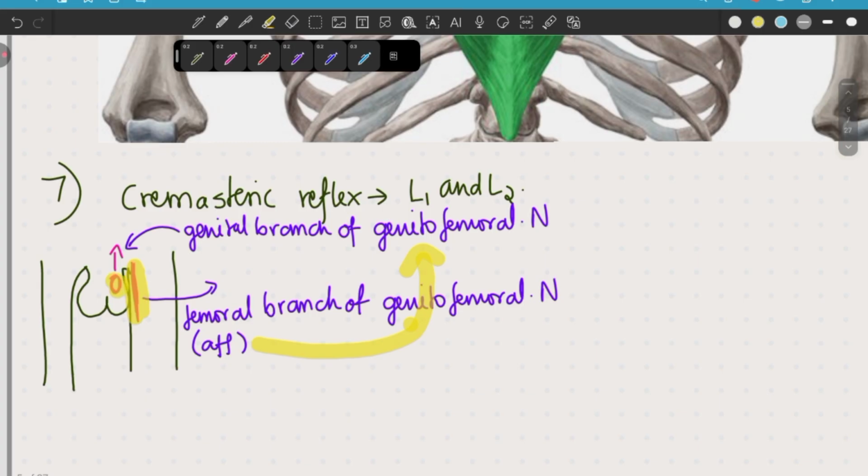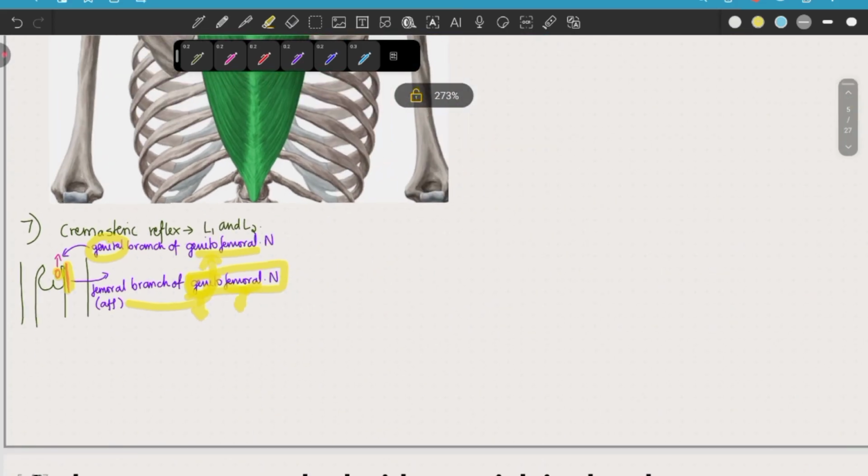That is because the efferent is carried by the genital branch. Now it should go to the genital region, right? Genital branch of genitofemoral nerve. Here the name itself tells that genitofemoral. One is genital, another one is femoral. So first afferent is femoral and efferent is genital.